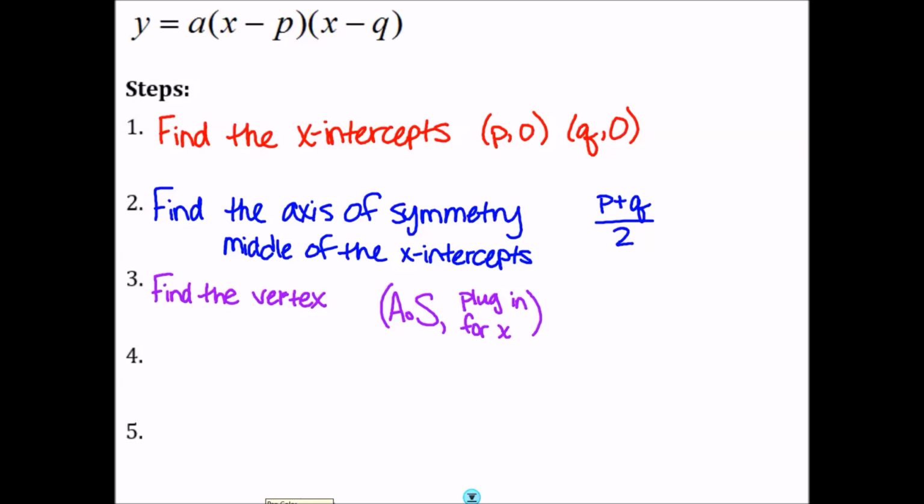The fourth thing is to find the y-intercept. And as we mentioned in our previous graphing tutorials, whenever you want to find the y-intercept, you just plug 0 in for x.